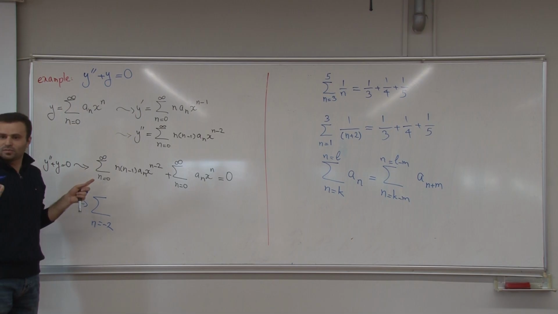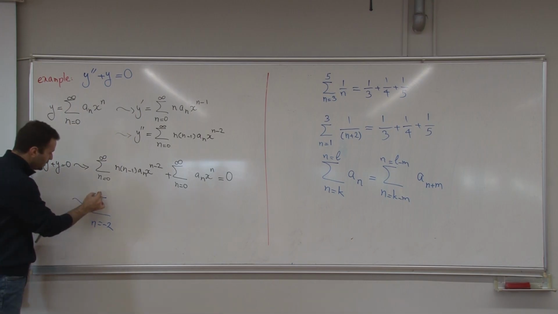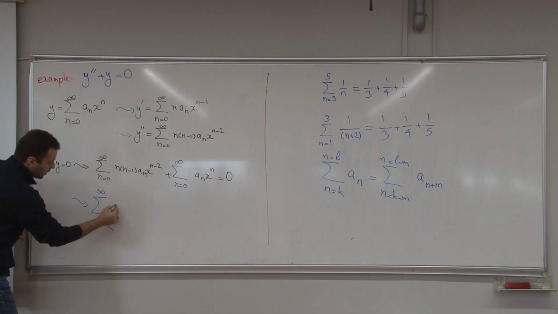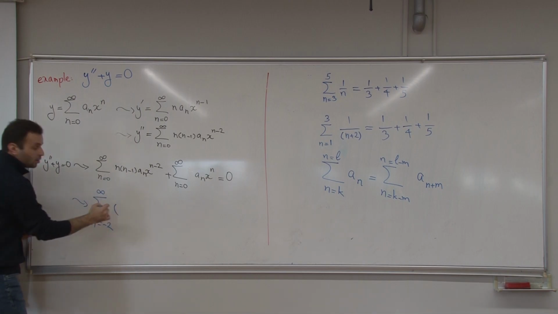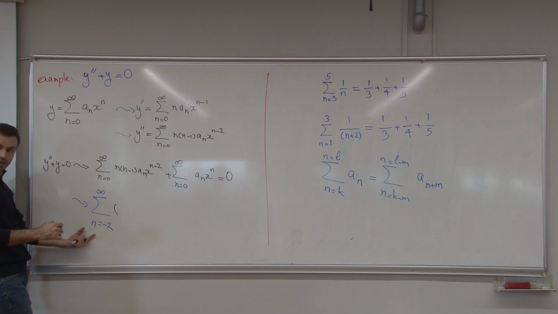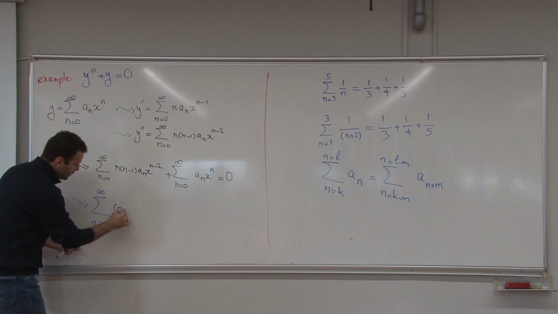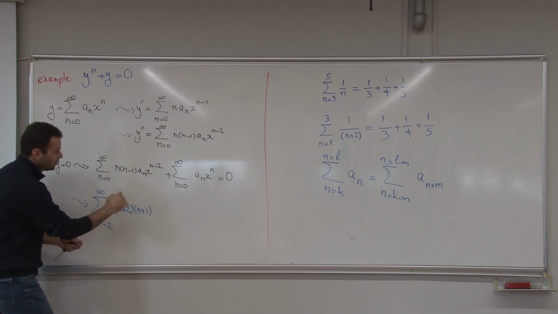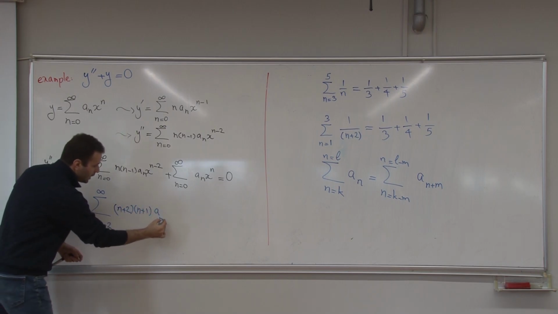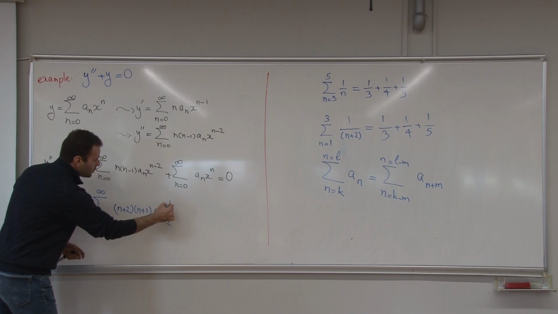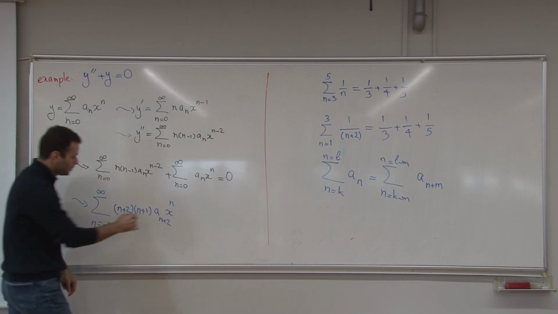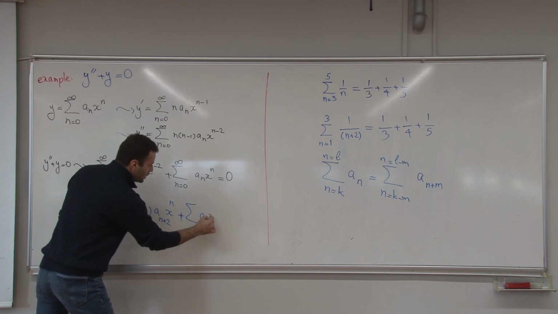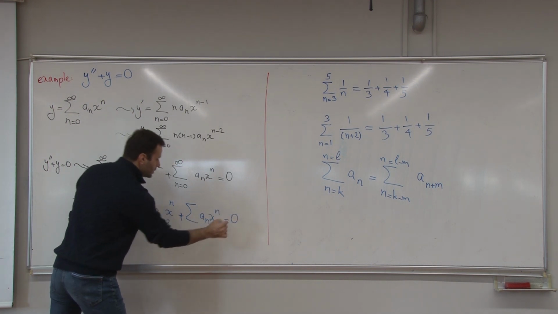What is this going to be? n plus 2, n plus 1, a_{n+2}, x to the power of n, plus the series a_n x to the power of n equal to 0.